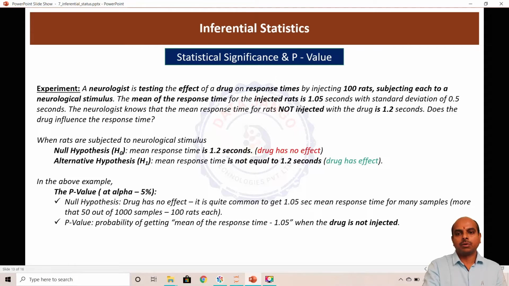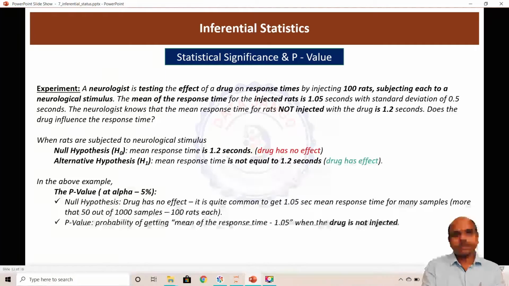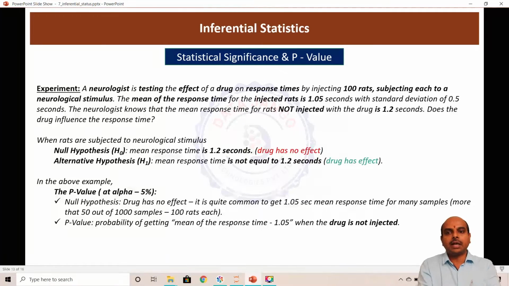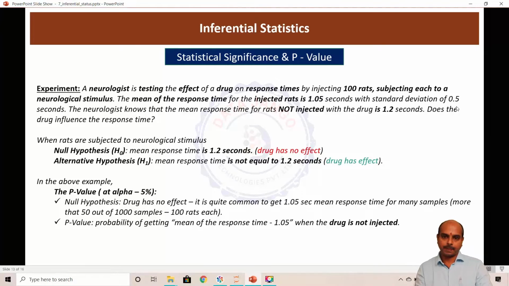So the new person took 100 rats, injected the neurological stimulus, and then also injected the drug he or she invented. When he or she injected that neurological stimulus and the drug, the mean response time came as 1.05 with a standard deviation of 0.5.